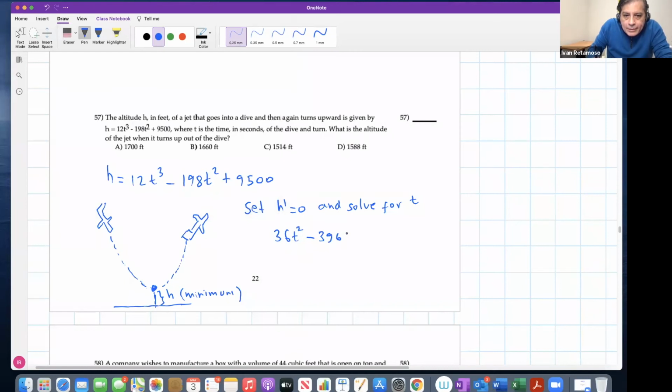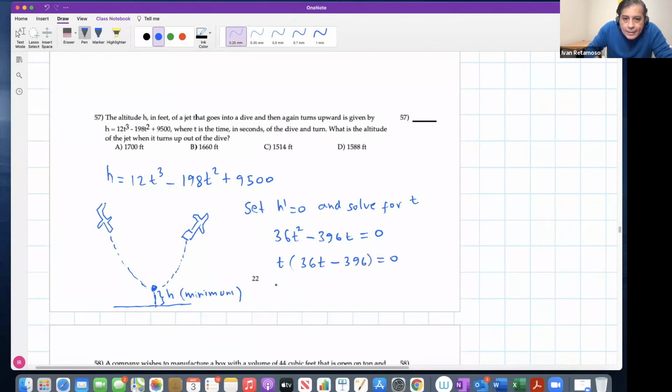This is t squared, this is t, right? One less exponent. Plus derivative of this guy, nothing, 0, right? This equals 0. From there, let's factor out t. So we will be left with 36t, right? This into this, minus this guy into this guy, t cancels, 396, right?